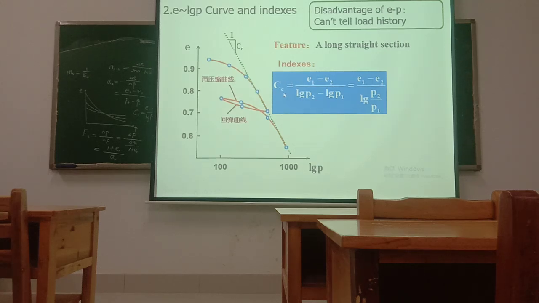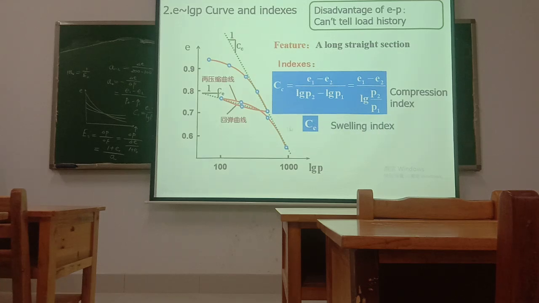This index may be a constant value for loads beyond this value. Maybe the e-log p curve has a long straight section, so the Cc value may be a constant. We call it the compression index.